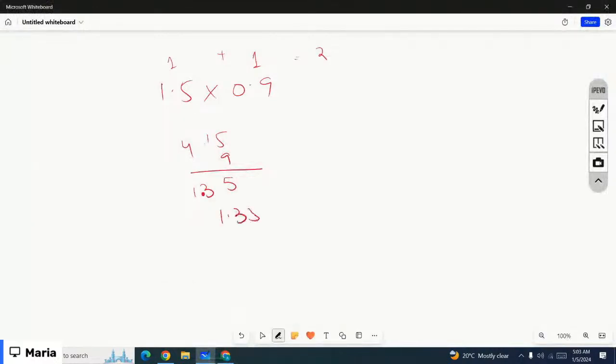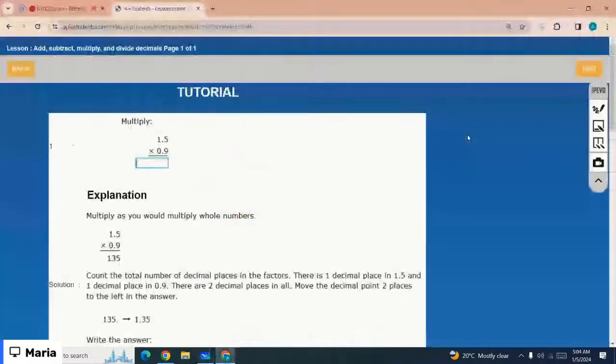See, they now have two decimal places. Got it? The rest of the things, adding and subtracting, is exactly the same. You just have to arrange them according to the decimal point. Then you simply add. Let's start with the test questions.